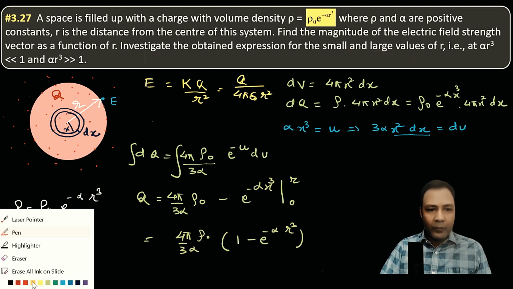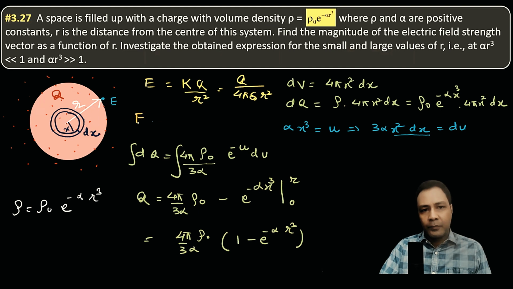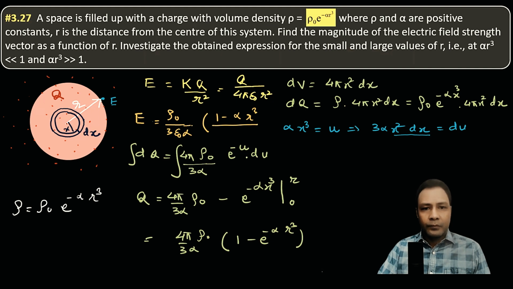So if I put it here, I will get E is equal to, after putting everything, rho naught by 4 pi will get cancelled here, and there will be 3 epsilon naught alpha, 1 minus e power minus alpha r cube, and divided by that r square. So this is the expression for the electric field.